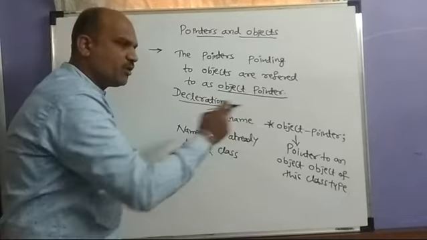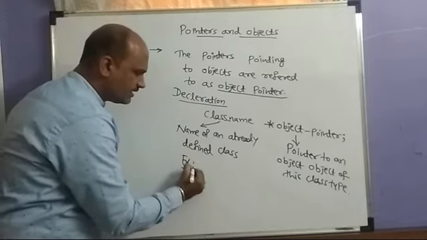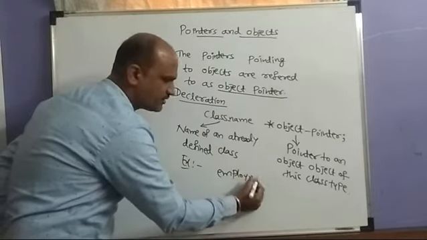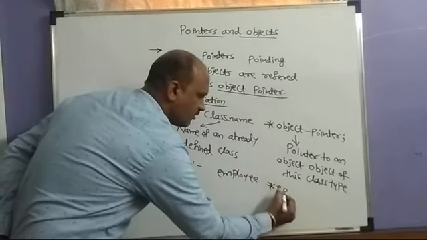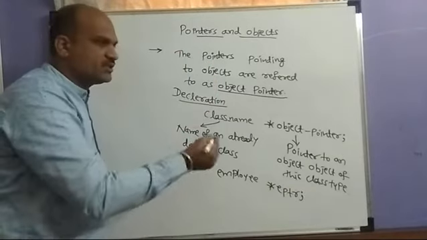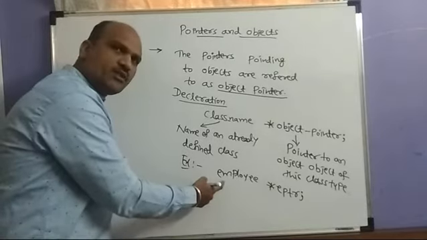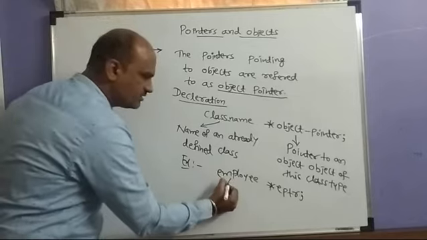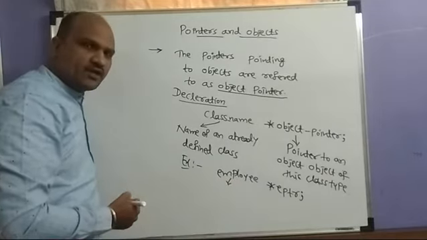So you can write the example as employee, you can take any class name, with the indirection operator, and you can create the object pointer. This employee is the name of an already defined class.